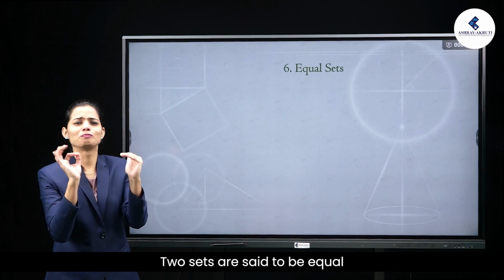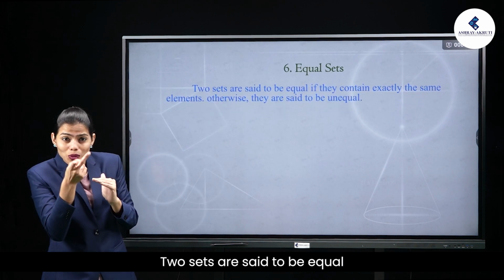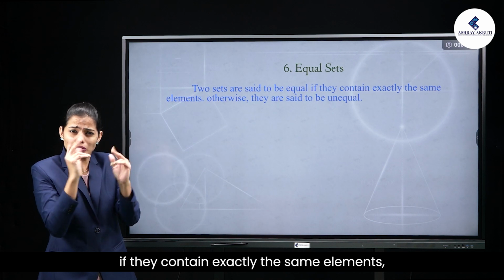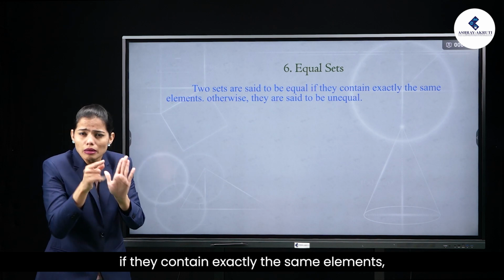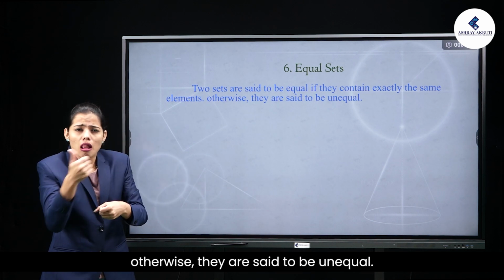Equal sets. Two sets are said to be equal if they contain exactly the same elements, otherwise they are said to be unequal.